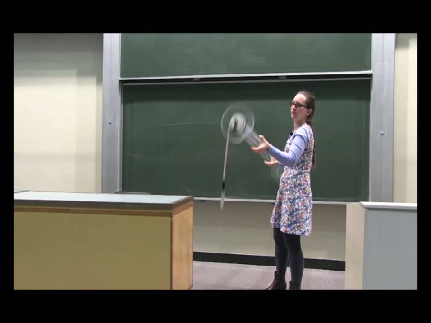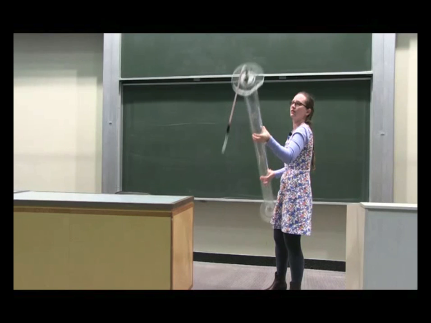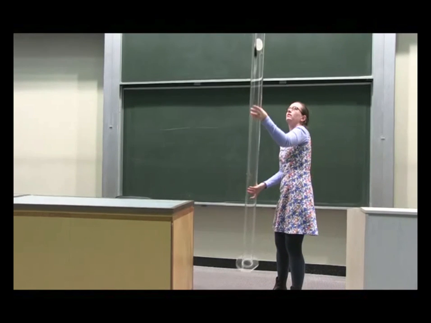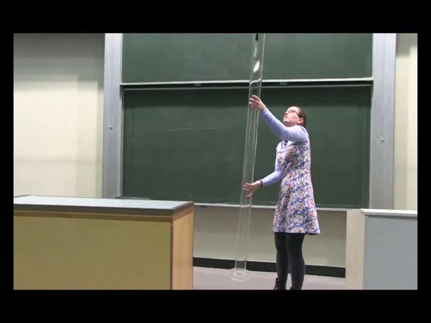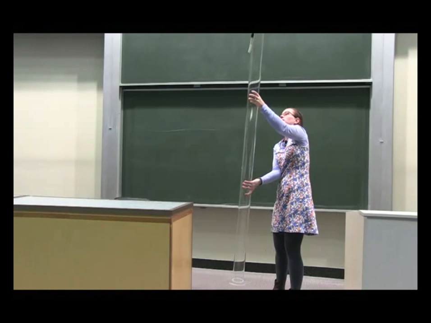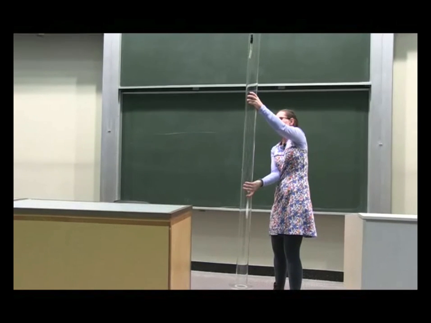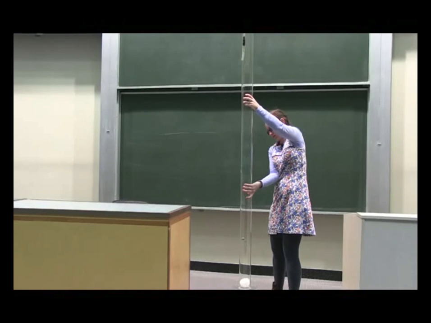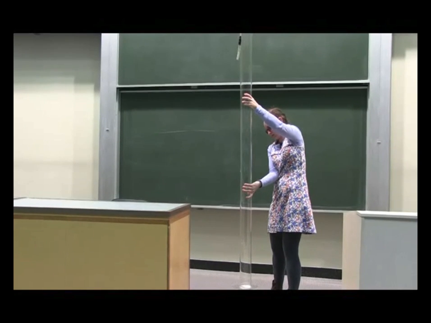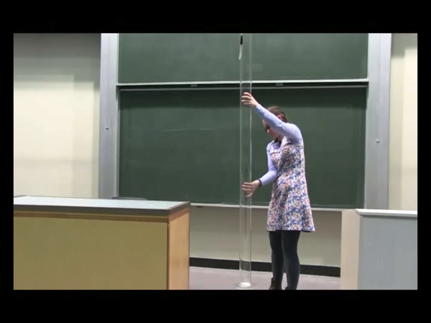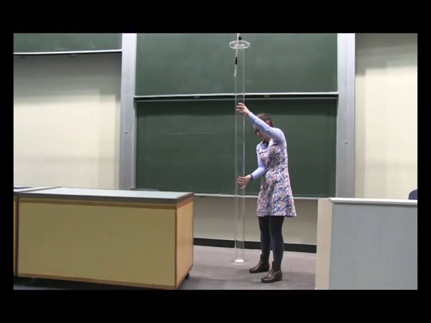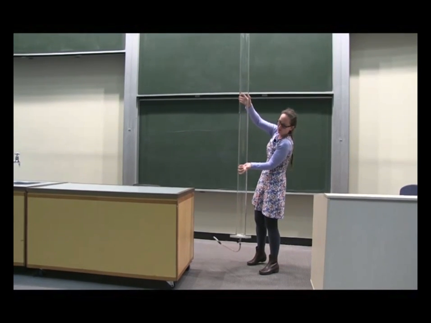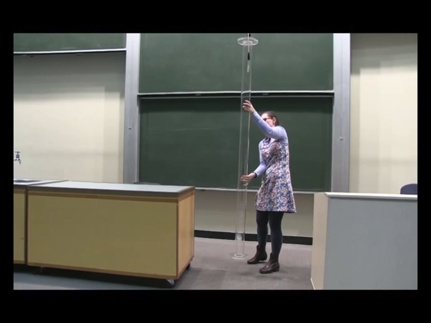We'll replay that in slow motion now so that you can see exactly what's going on. You can see the patty case and the ceramic ball hit the bottom of the tube at almost exactly the same time. You can see that now that they're in the vacuum, they fall at approximately the same rate.